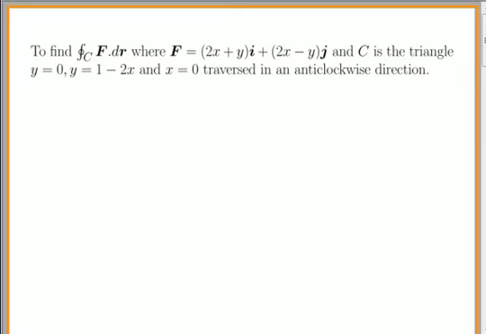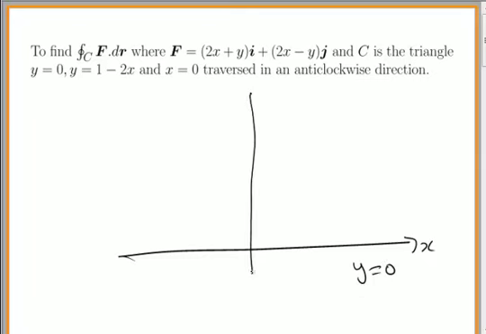I'm going to start by looking at what C looks like. So y equals 0 is the x-axis, x equals 0 is the y-axis, and the line y equals 1 minus 2x crosses the x-axis at a half, to be precise at the point (1/2, 0), and the y-axis at the point (0, 1).